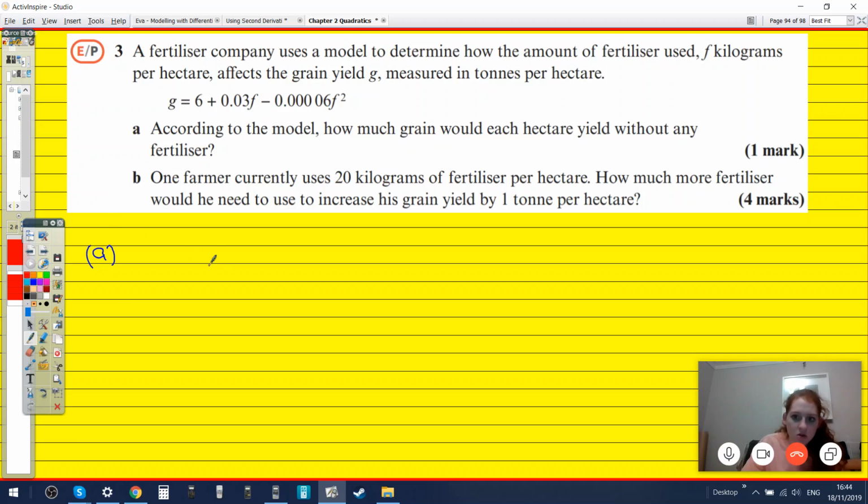Is it just 6 tons for A? Amount of fertilizer used affects the grain. Well, how much grain would each hectare yield without any fertilizer? Yep, 6. Six tons per hectare.